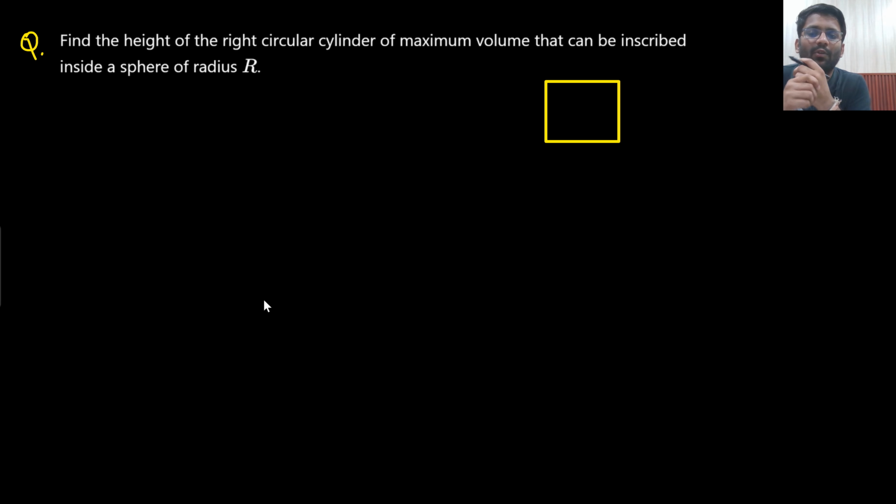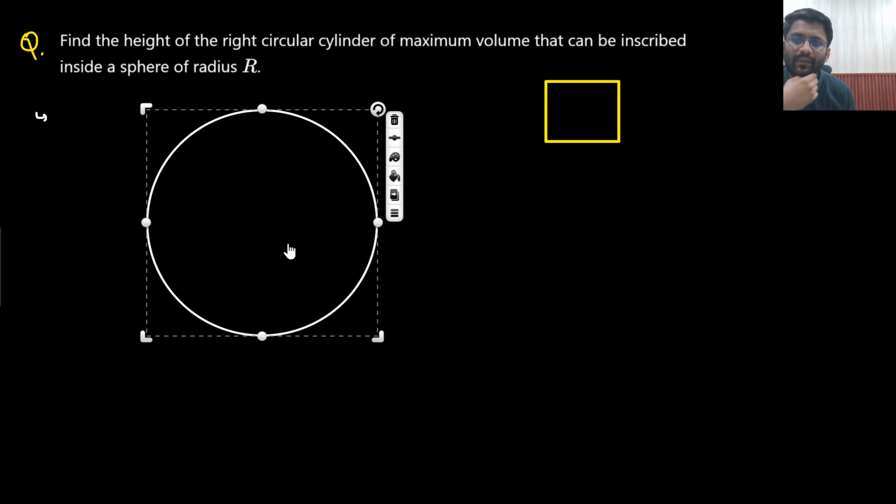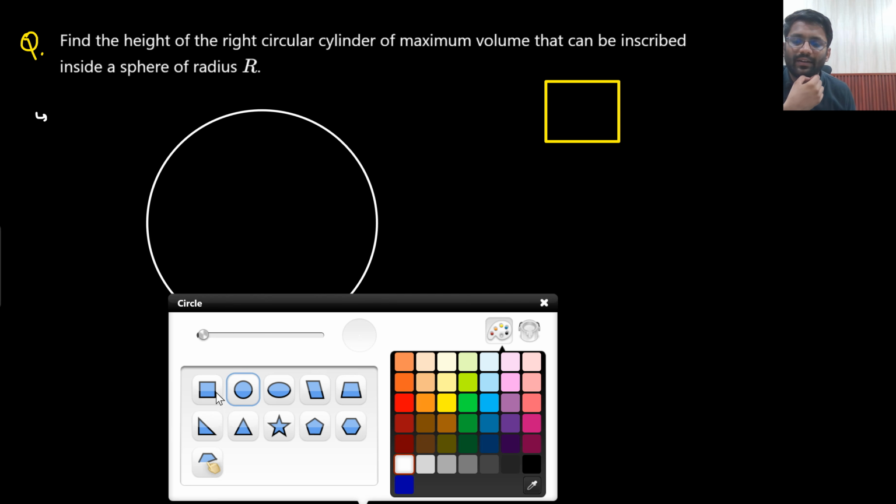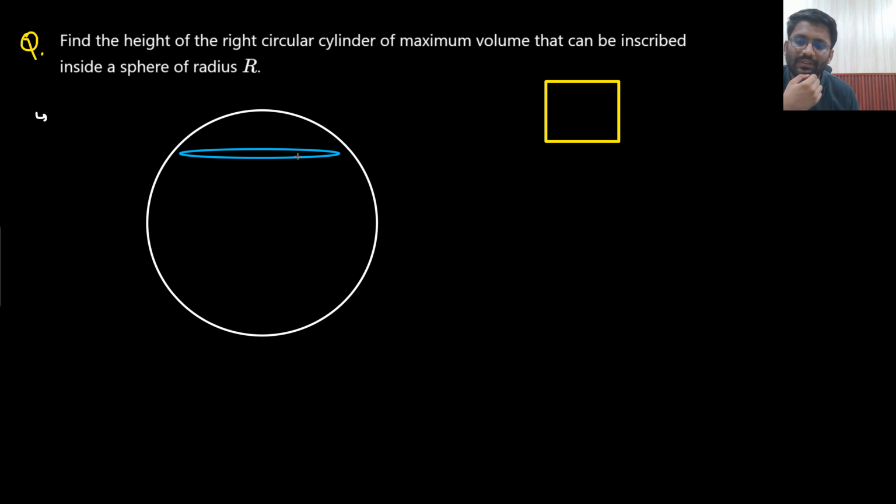Find the height of a right circular cylinder of maximum volume that can be inscribed inside a sphere of radius r. So you have a sphere of radius r, and inside this you need to make a cylinder with the highest volume.